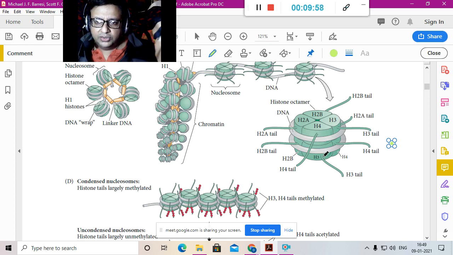Around there are 2 turns. This is the DNA.